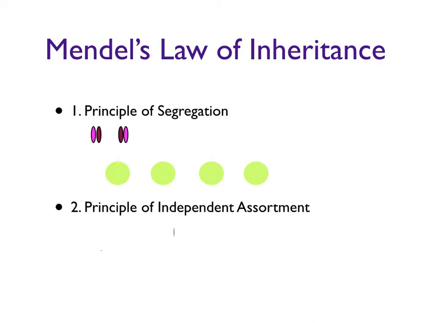Once each chromosome has been copied, they will be separated and partitioned into one of the 4 egg cells that is produced. So to recap, the principle of segregation simply says that each of the chromosomes in a homologous pair will be separated and put into a different gamete as a result of meiosis.